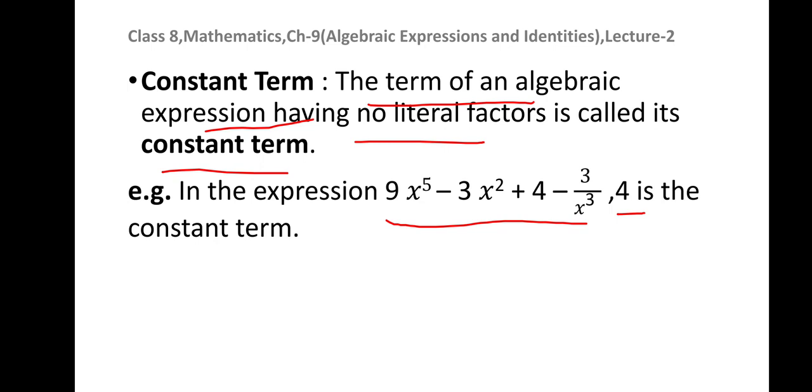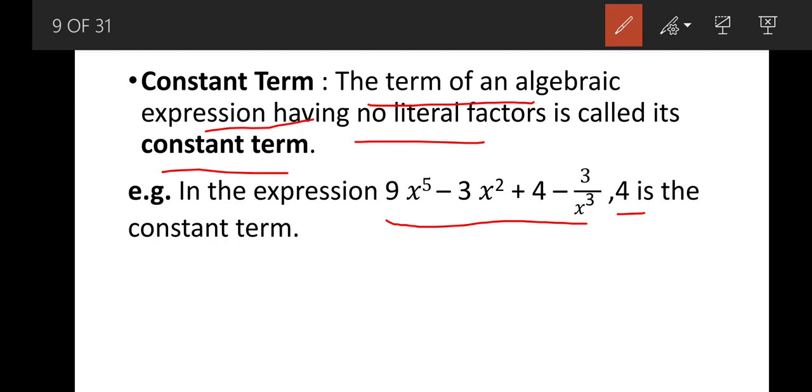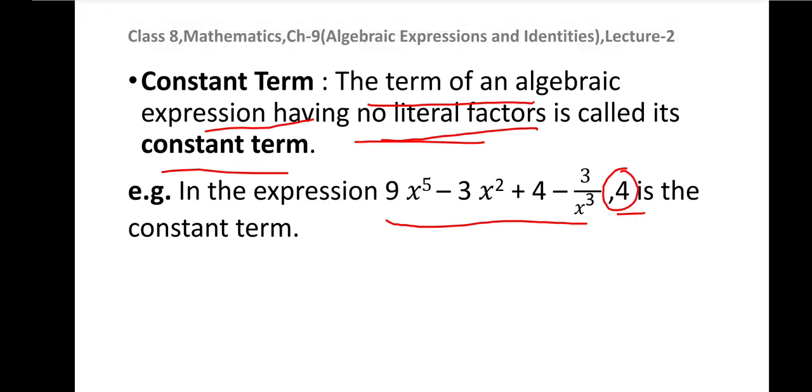Or simply you can say in this complete expression, x is the literal, in the first term it is x raised to the power 5, and likewise you can note down the literal factors in the rest of the terms, but along with 4 there is no literal factor, so 4 is the constant term. Simple as this. You simply need to remember that the term of an algebraic expression having no literal factor is your constant term. So 4 is your constant term because it is not having any literal term attached to it.